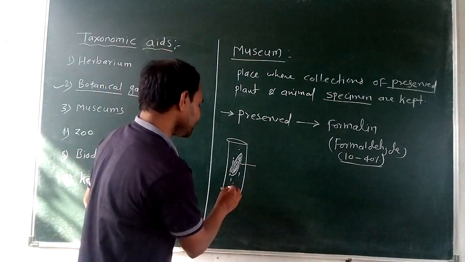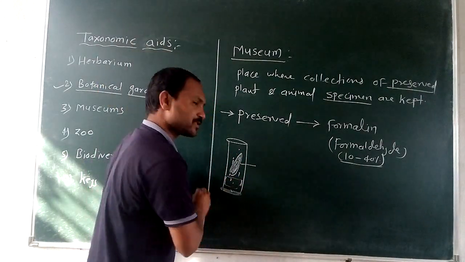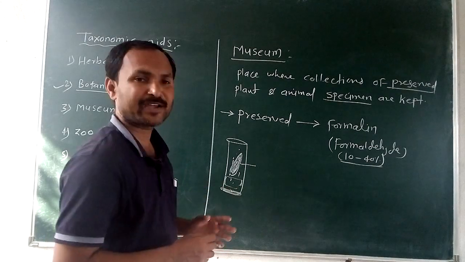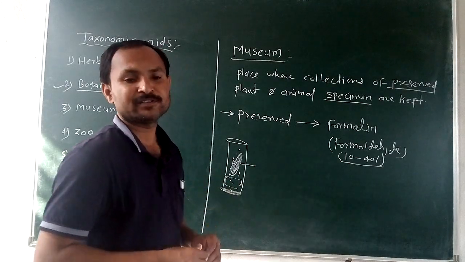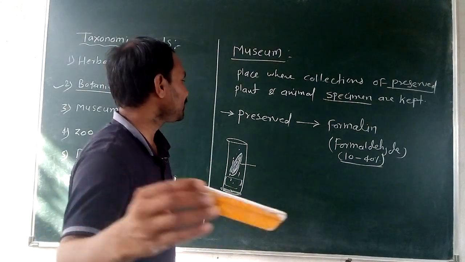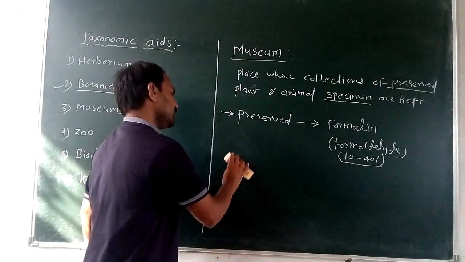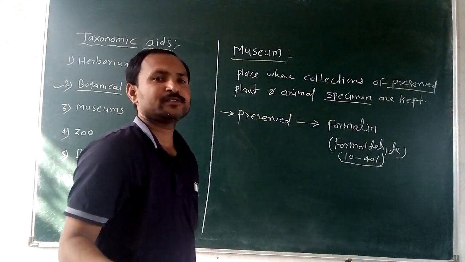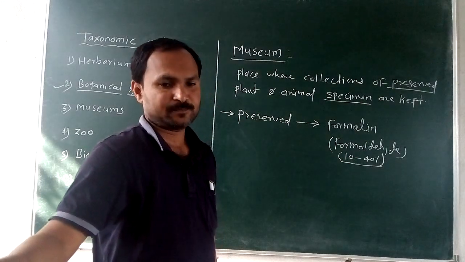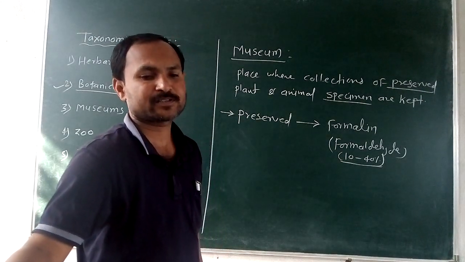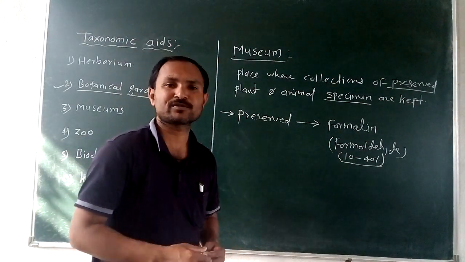Jars are labeled. There is a label saying which type of specimen, which type of plant or which type of animal, on this jar. Now this is about plant material and animals. Suppose there is a large animal like a bird, then how can we preserve birds?